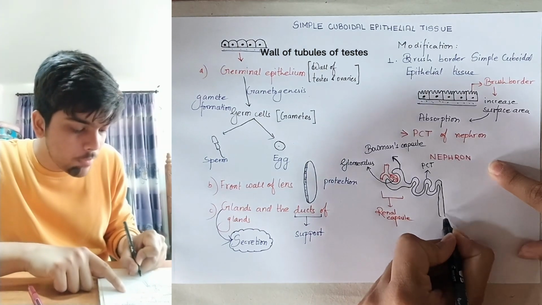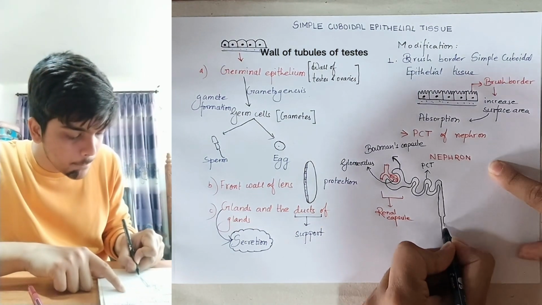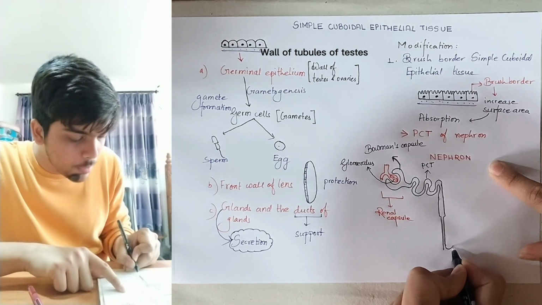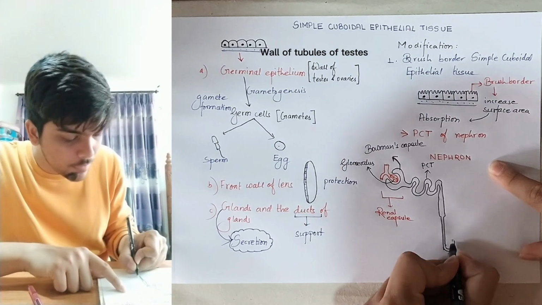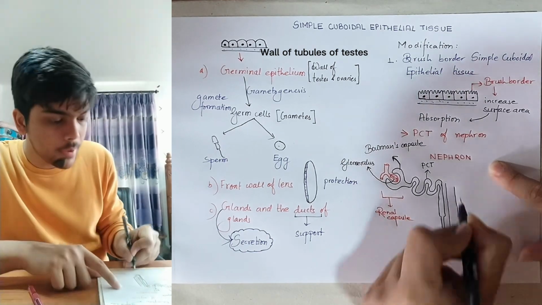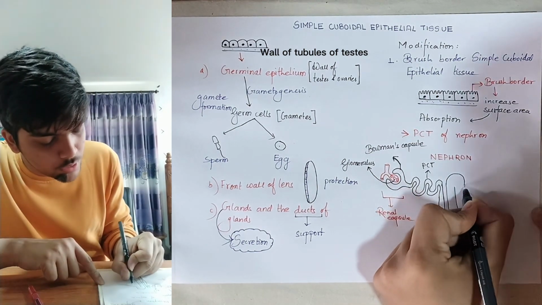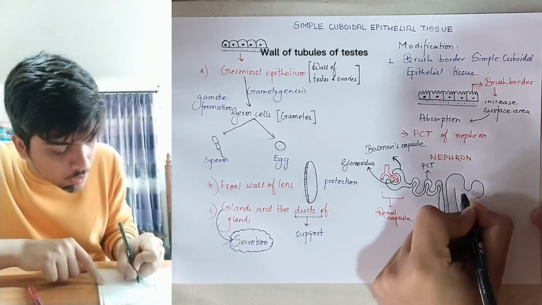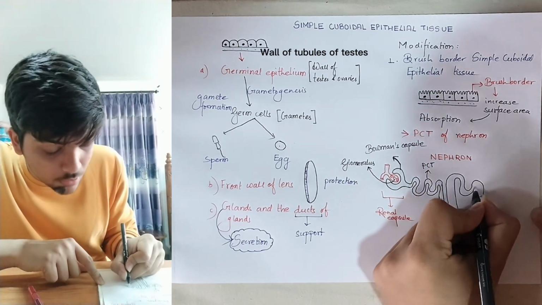Then you have the loop of Henle, descending loop of Henle followed by ascending loop of Henle, which gives rise to a convoluted tubule again.